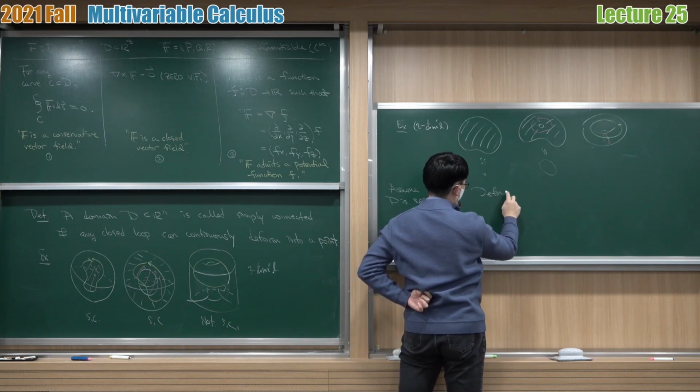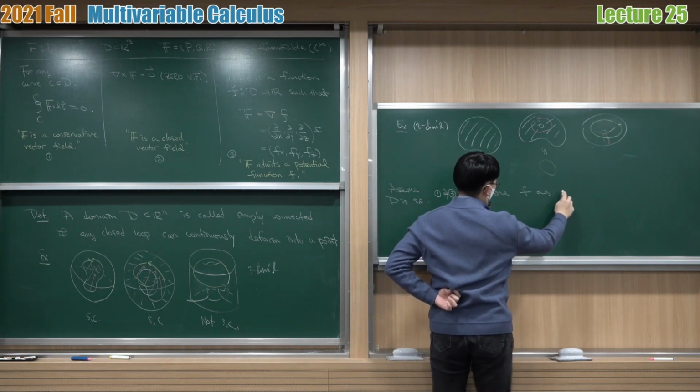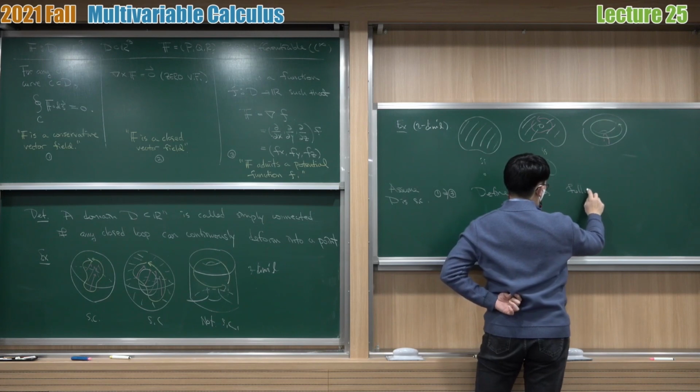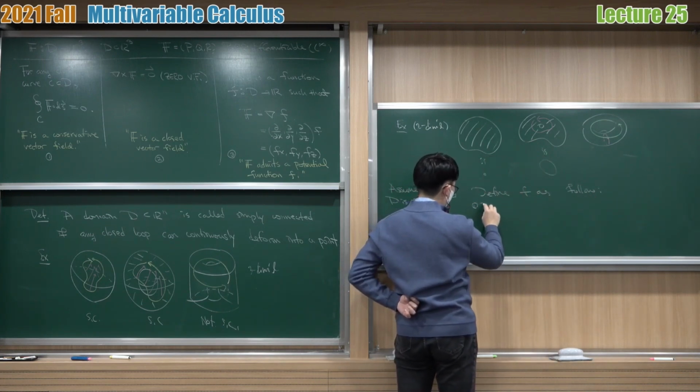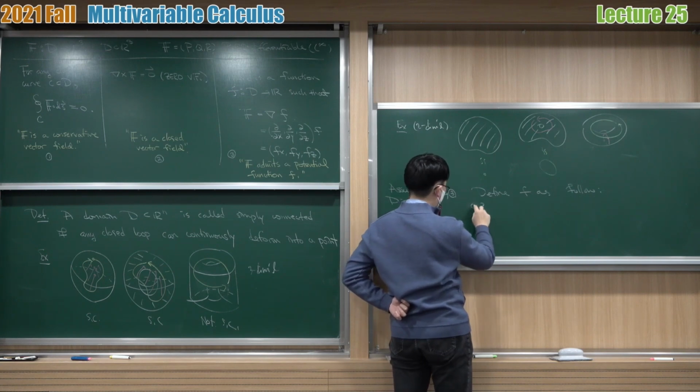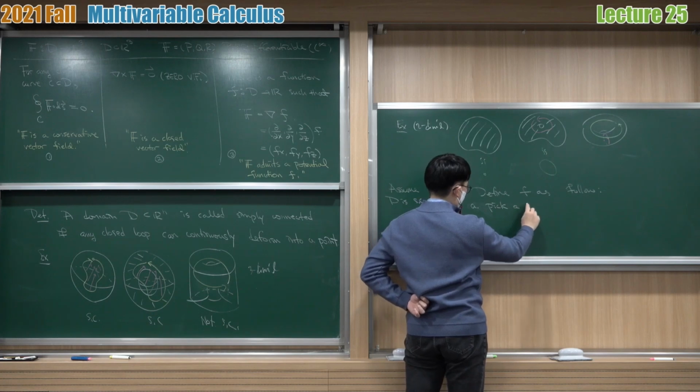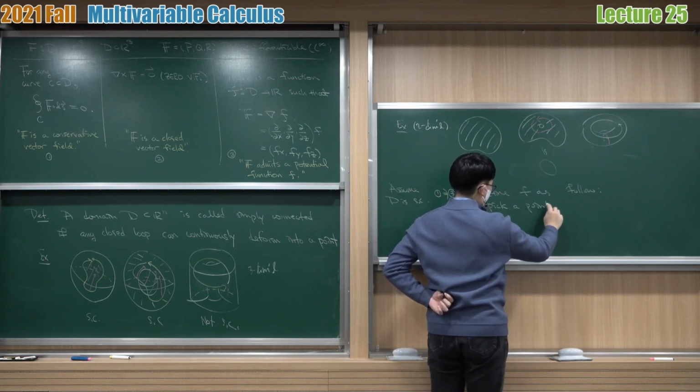So define f as follows. First step, the A step, is to pick a point P0.